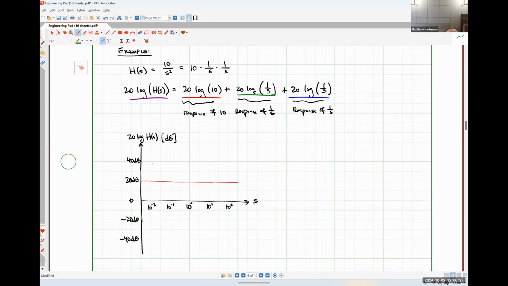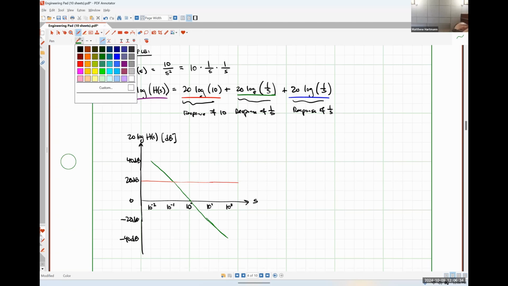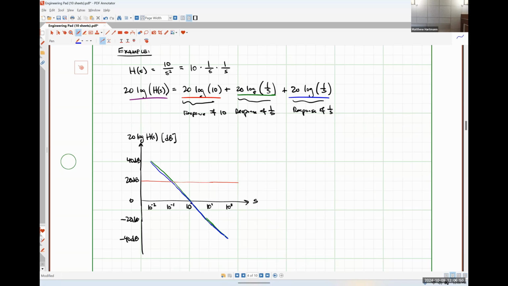Something like this. And then the blue curve is going to be the exact same thing. So I'm going to just try to draw that on top as close as I can while still making things relatively legible.